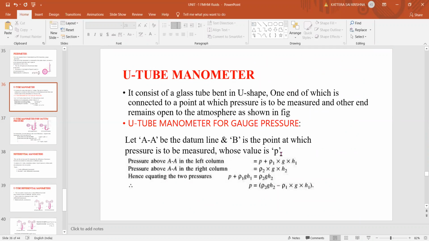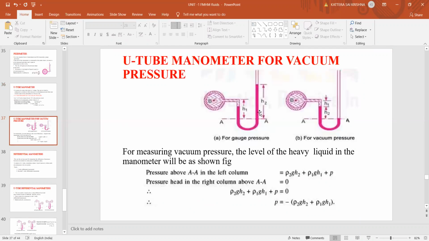Similarly, in the right limb above the datum line, only one fluid is there, that is the manometric fluid. Let us take its density as rho M, or rho 2. The pressure created is rho g h, the common formula, where rho is the density of the manometric fluid and H2 is the height of the fluid in the tube above the datum line.